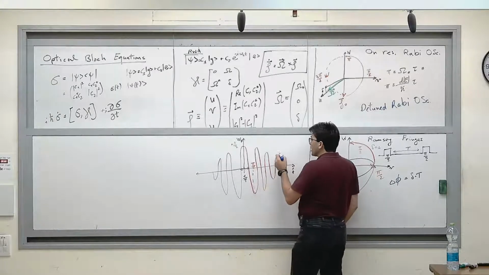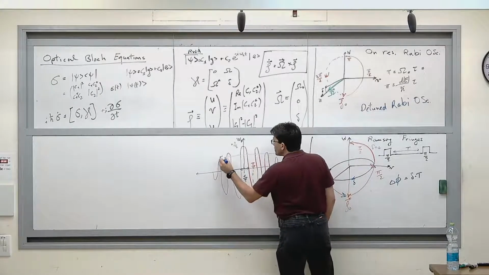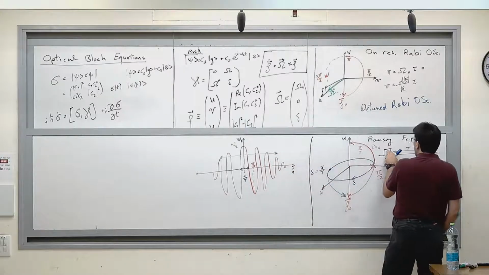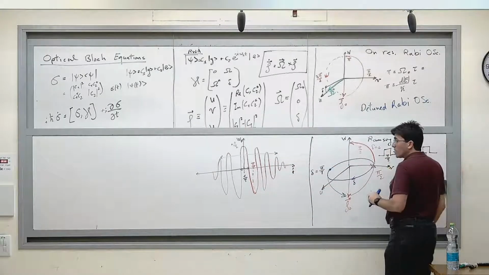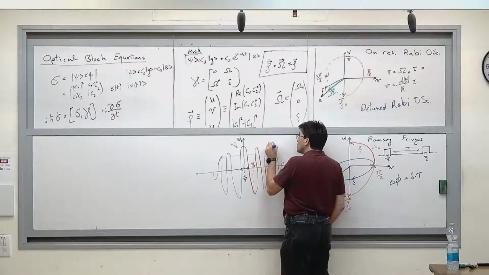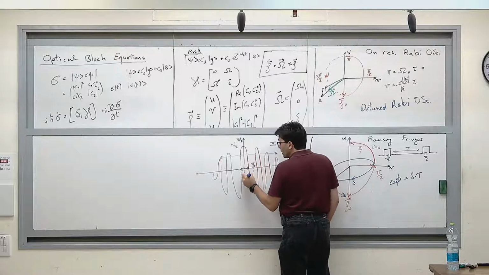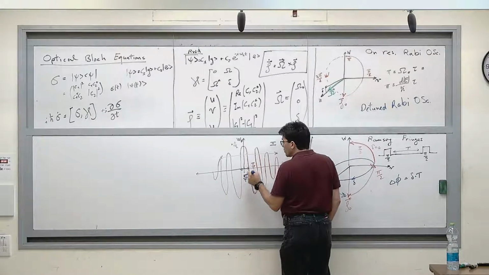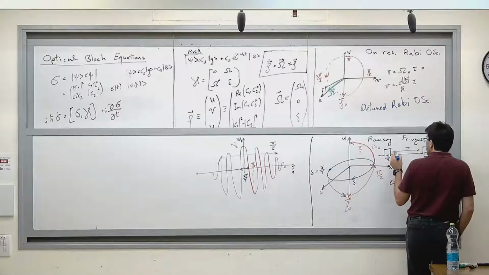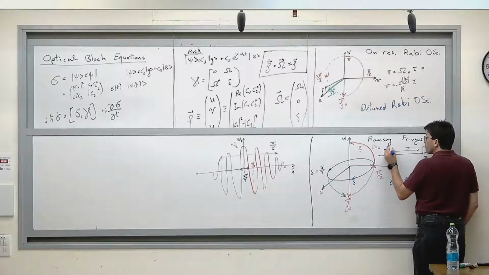And this width is of order, tell me how long each pulse by itself is. If we said pi over t here, then it is pi over tau, where tau is the duration of each pulse, the short time.